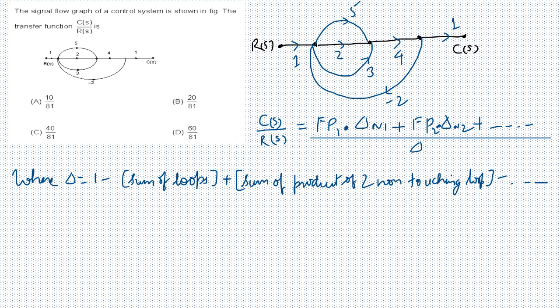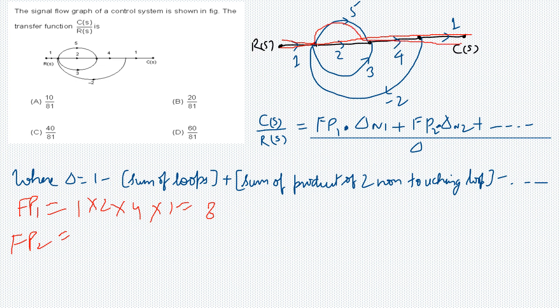Here the forward paths are Fp1, as I already told you, this is one forward path, 1, 2, 4, 1. I can write it as 1 into 2 into 4 into 1, which gives me 8. Now Fp2: there is one path like this.